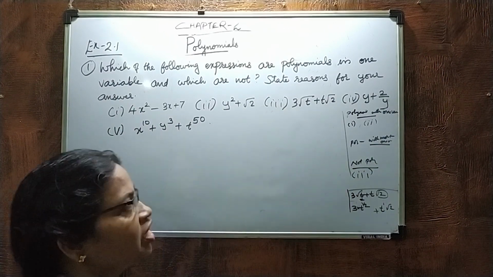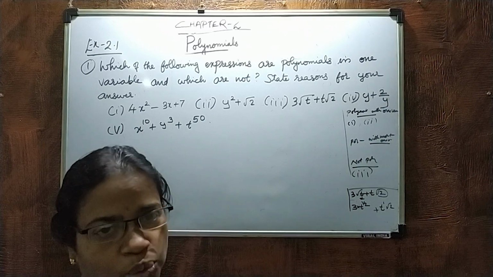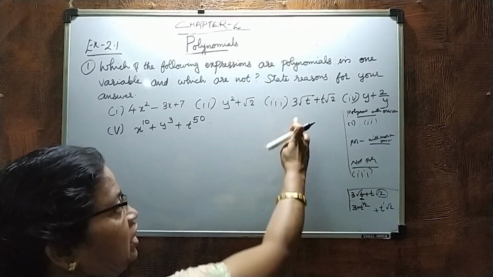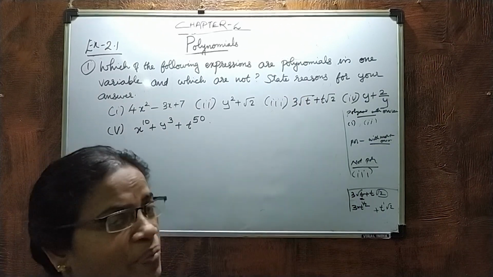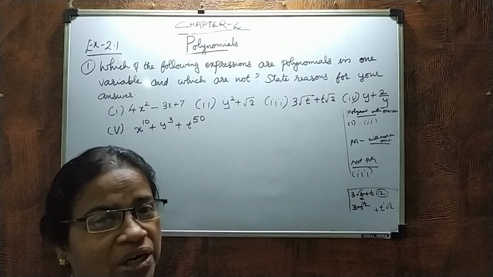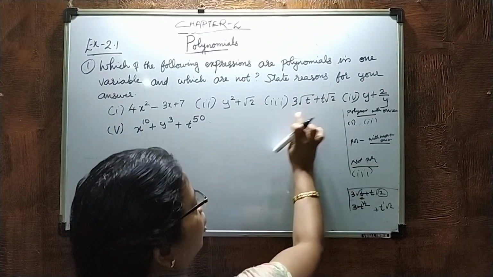What is the reason? Because root t means t raised to 1 by 2, which is not a whole number. The variable raised to 1 by 2 is not a whole number, so it is not a polynomial.